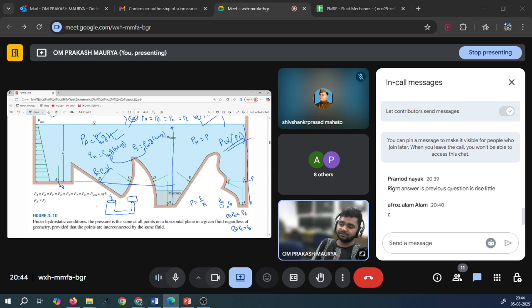So this is one condition. The second condition is just opposite. You will apply force on the small pipe and you are going to lift with the bigger one.